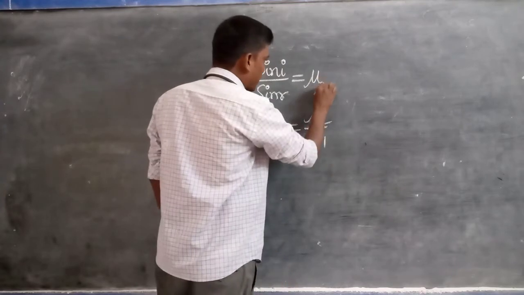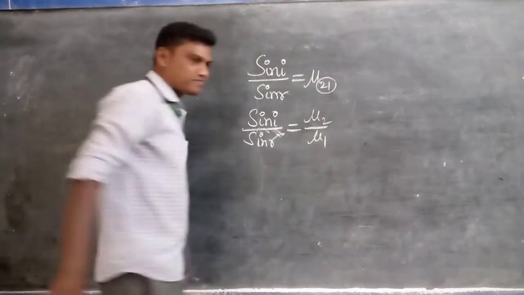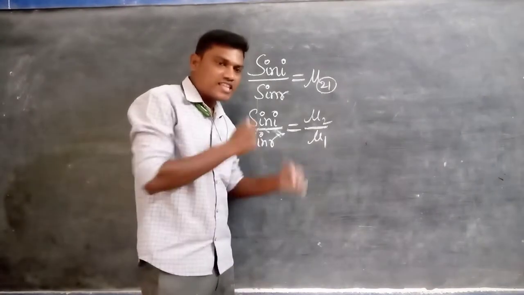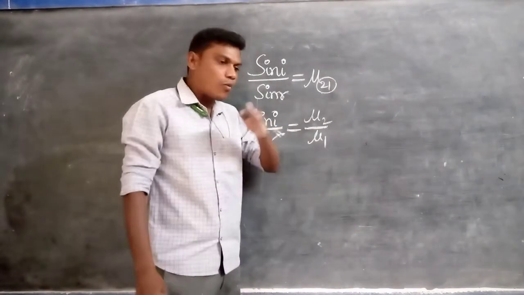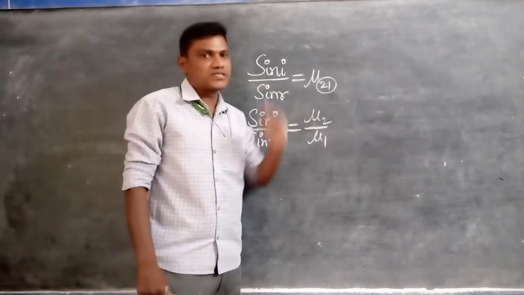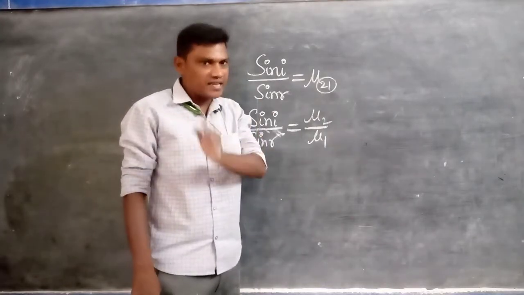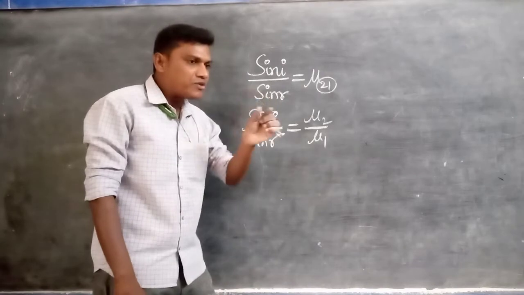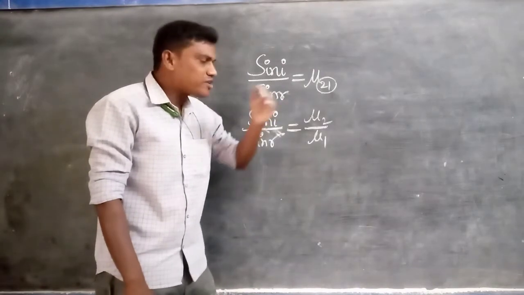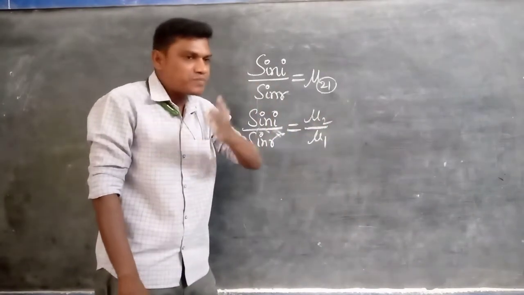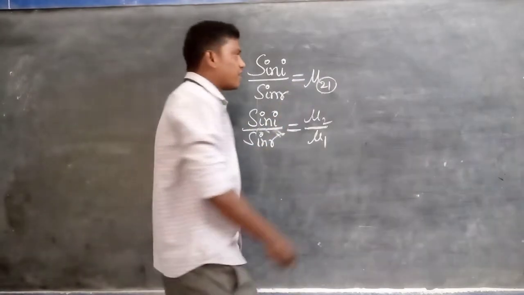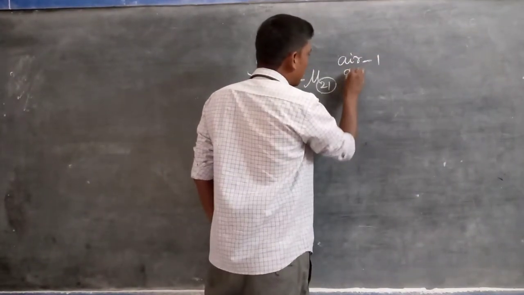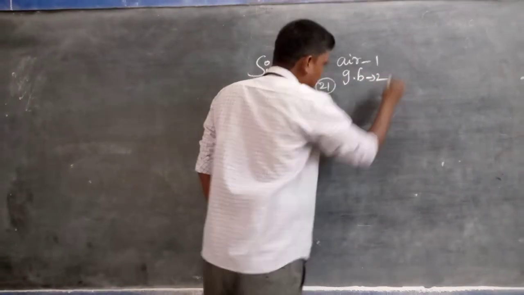Why? Because here we can set mu of 2 1. In the morning video I said that the light travels from air to a semicircular glass slab. Air is the rarer medium, glass slab is the denser medium. According to relative refractive index, it is the refractive index of the glass slab with respect to the air. Here, air is the first medium and glass slab is the second medium.